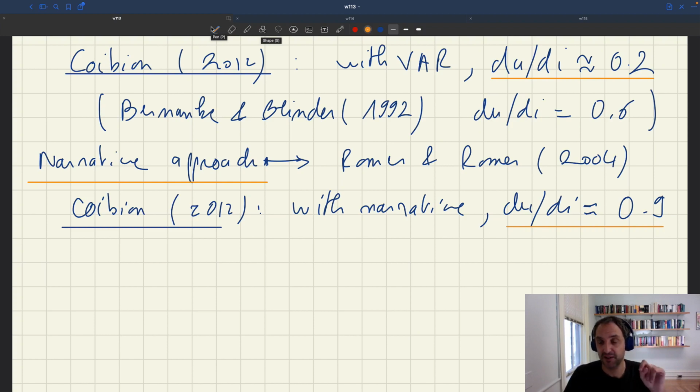So if you divide by 0.2, it means that you need to multiply your unemployment gap by 5. If you divide by, say, 0.9, you just change the interest rate by the value of the unemployment gap. And so, if your unemployment gap is 1 percentage point, in one case you change your interest rate by 1 percentage point, in the other case you change it by 5 percentage points. This is a very big impact on how you conduct policy.